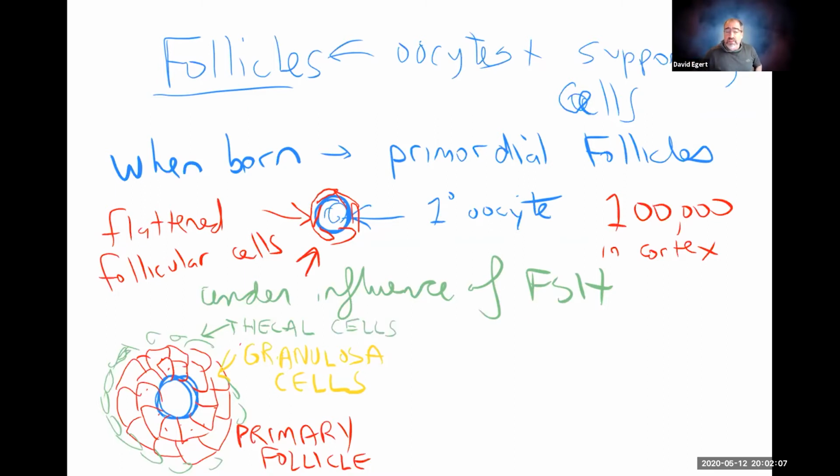It turns out that the thecal cells and the granulosa cells work together to make estrogen. I think it's the thecal cells actually make testosterone, and then the granulosa cells convert the testosterone into estrogen.